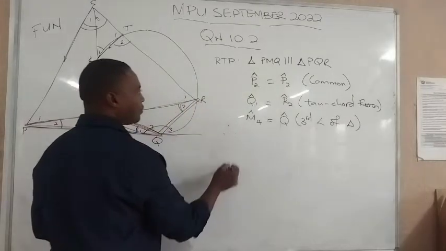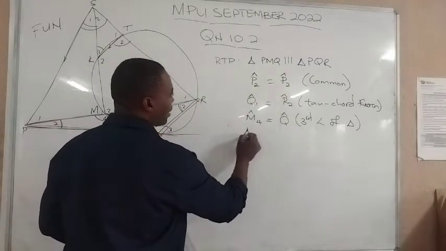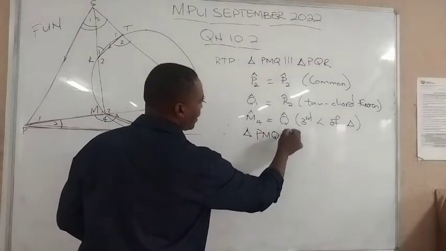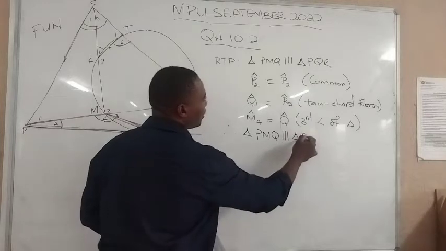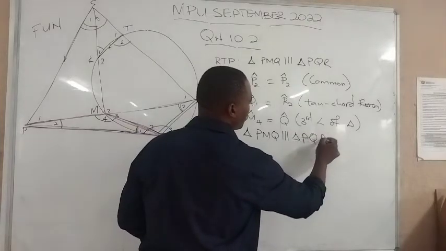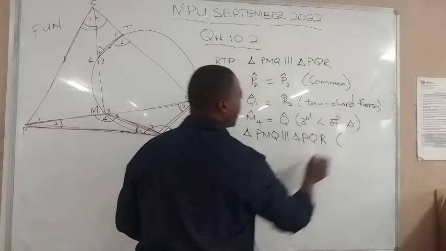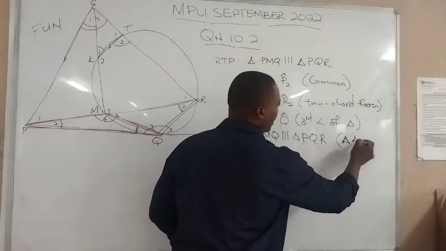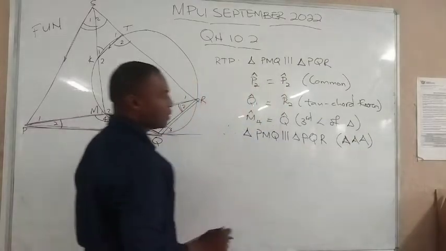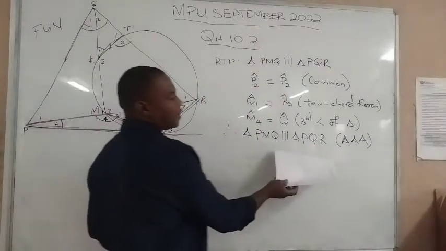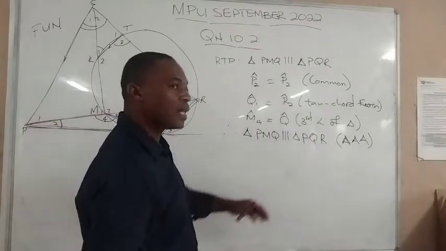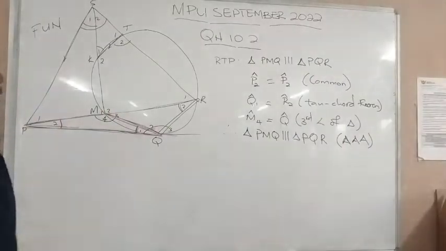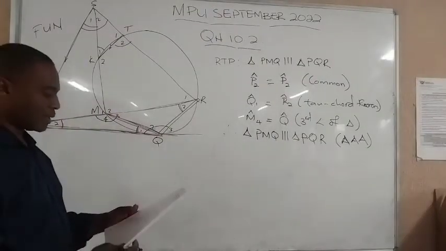So therefore, triangle PMQ is similar to triangle PQR. And the reason that we have used is angle, angle, angle. And don't leave out this. There is a mark that is always allocated when you prove the angles. Alright, so you will get your 4 marks in just saying this.